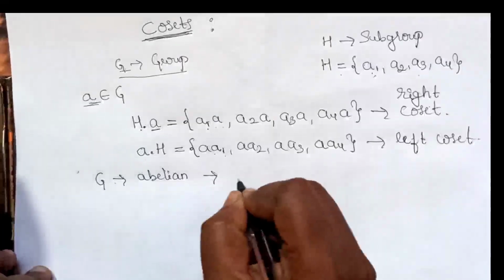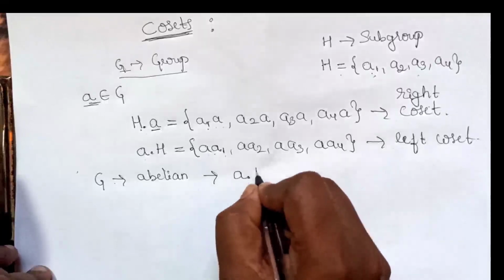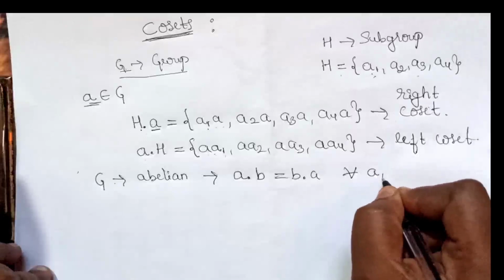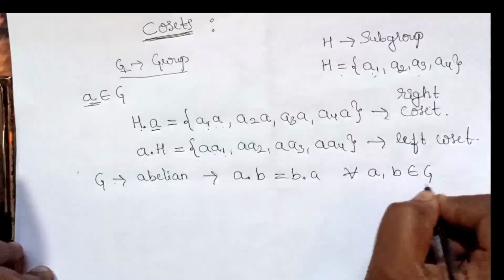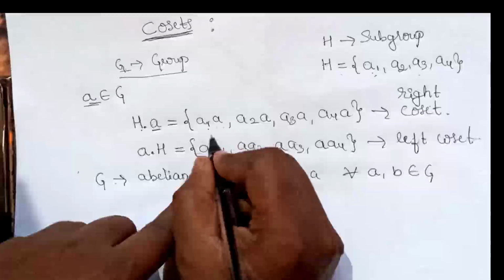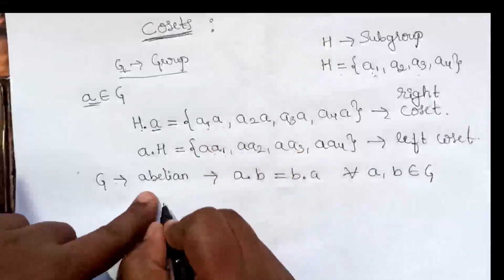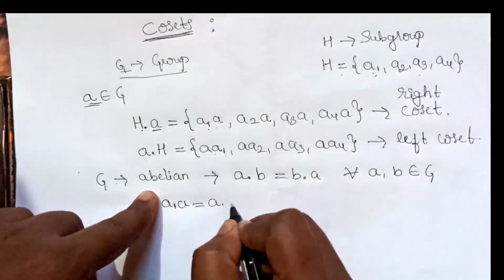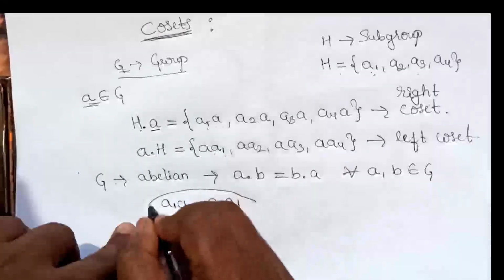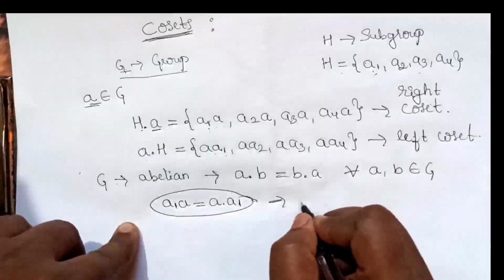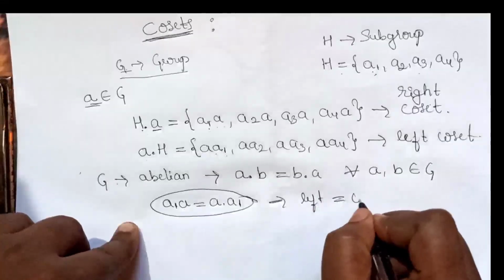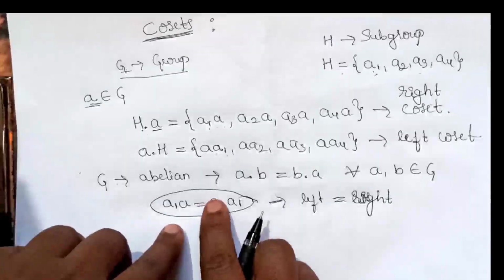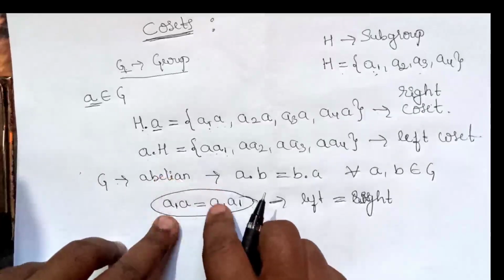If it is abelian or commutative, then we get a dot b equals b dot a for all a, b belonging to G. So you can observe that if it is abelian, then a1 dot a equals a dot a1. Then we can say that the left coset equals the right coset, only when G is abelian.